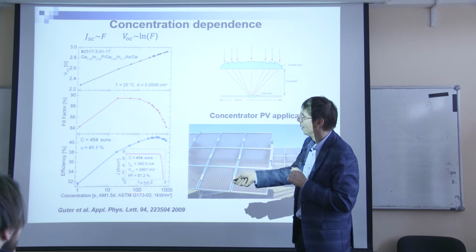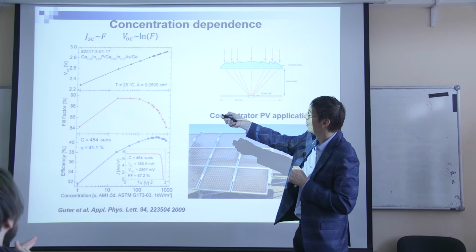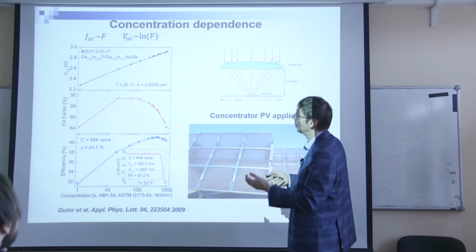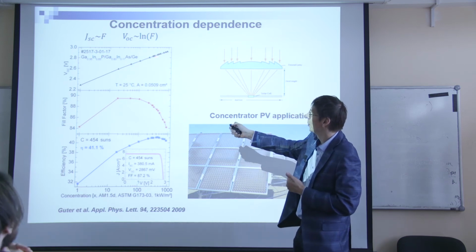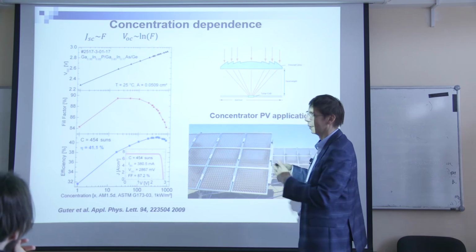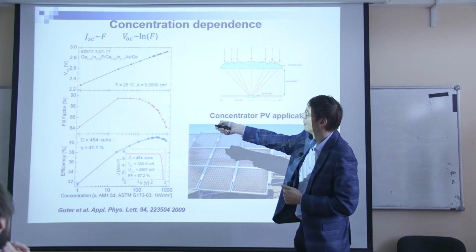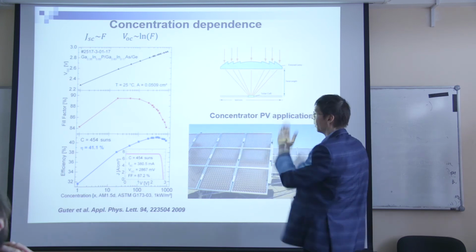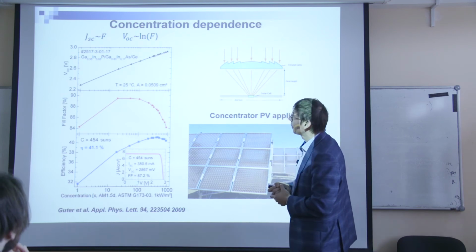here we have a logarithmic scale. So when I said that the short circuit current has a linear dependence on intensity, it has nothing to do with this curve. So you see, this is a logarithmic dependence of VOC. So in this case, the short circuit current should have such behavior, because it's linear.